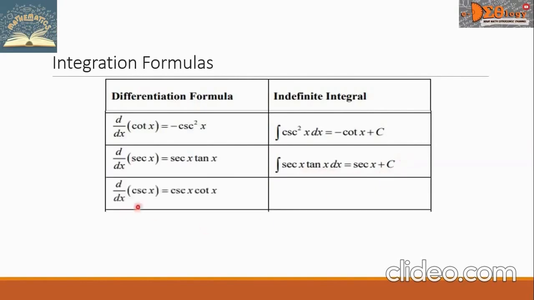The derivative of cosecant x equals negative cosecant x cotangent x. The integral of cosecant x times cotangent x dx equals negative cosecant x plus c.